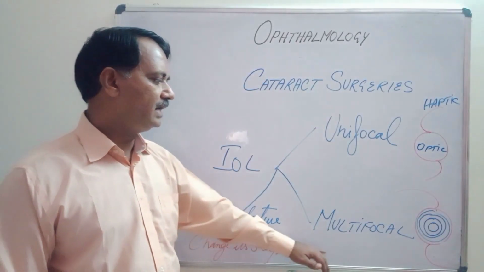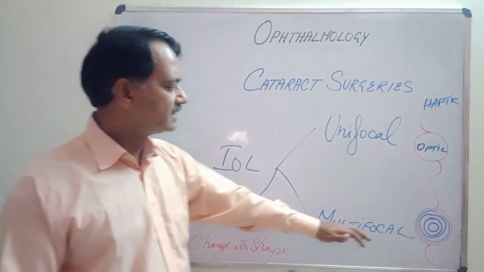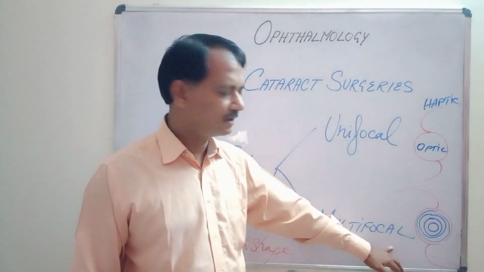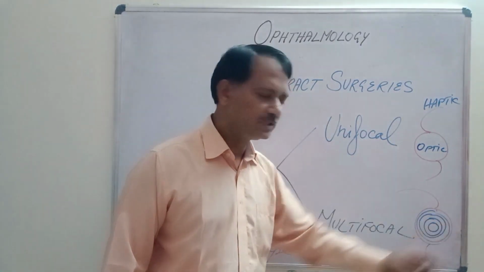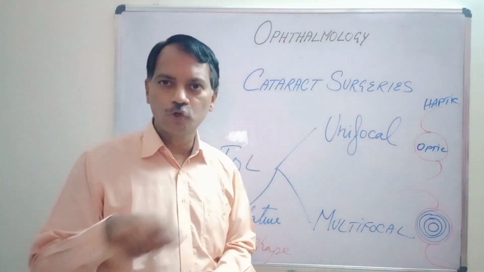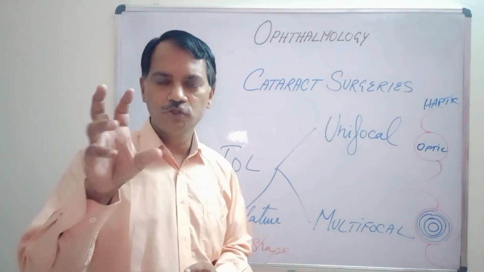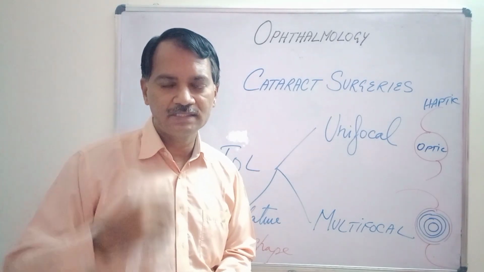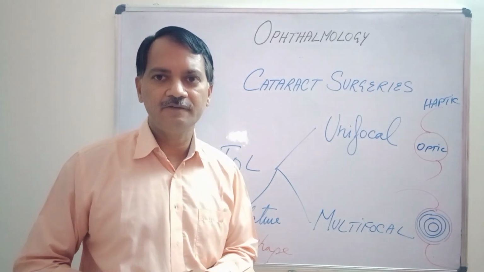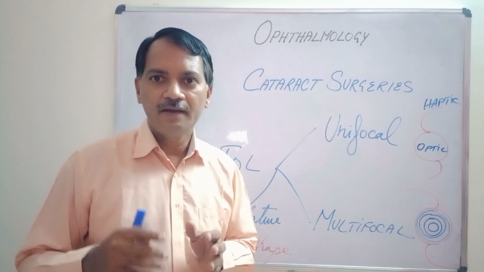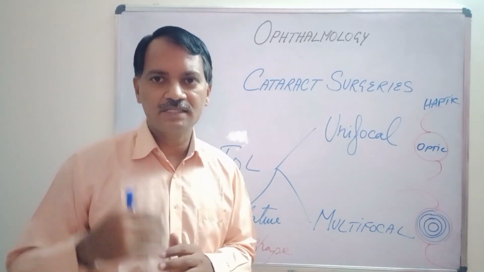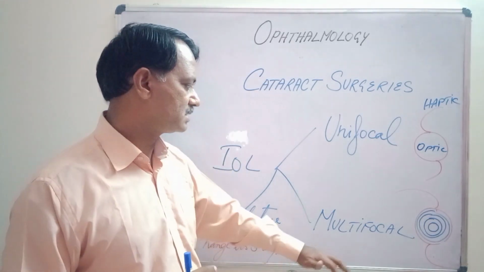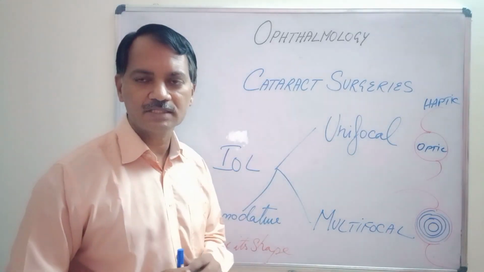Next, coming to multifocal IOLs, you have the same type of IOL here, but the optic portion will have multiple zones. The multiple zones will focus at multiple distances so that the patient will be able to see clearly at each of the distances. That is called multifocal IOLs.